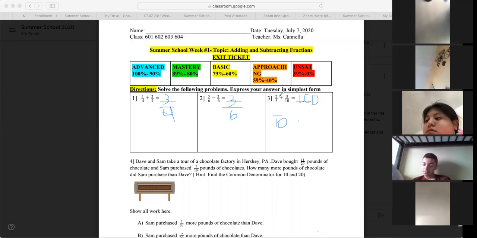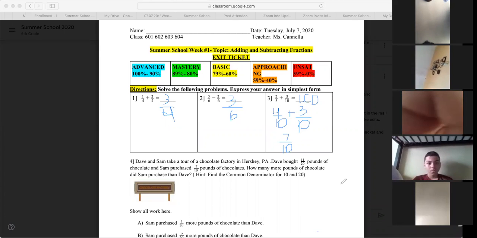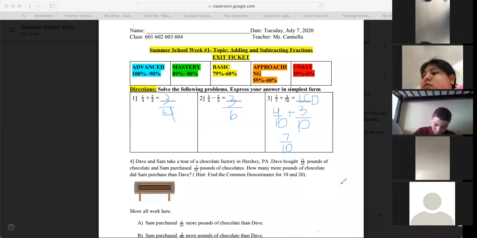So then you have to multiply 2 times 2, right? So now add. That gives us 7/10. Do we see that, Leilani? Yes. Careful, because I knew what you were saying. I just didn't hear it.